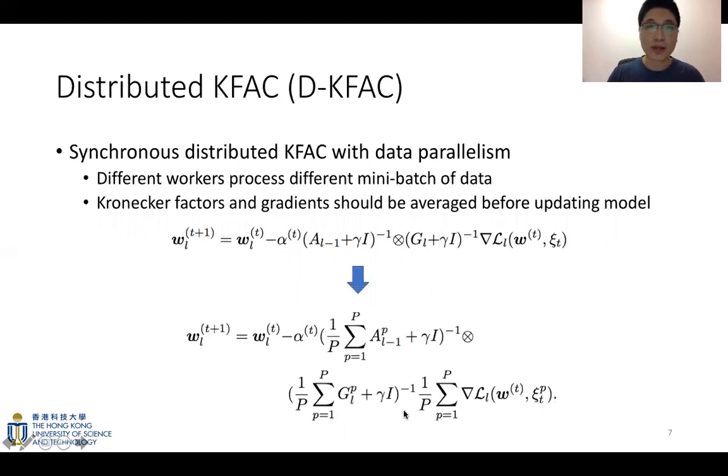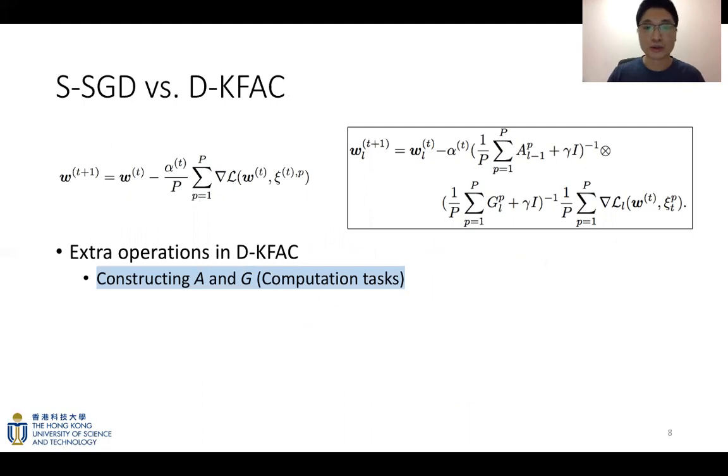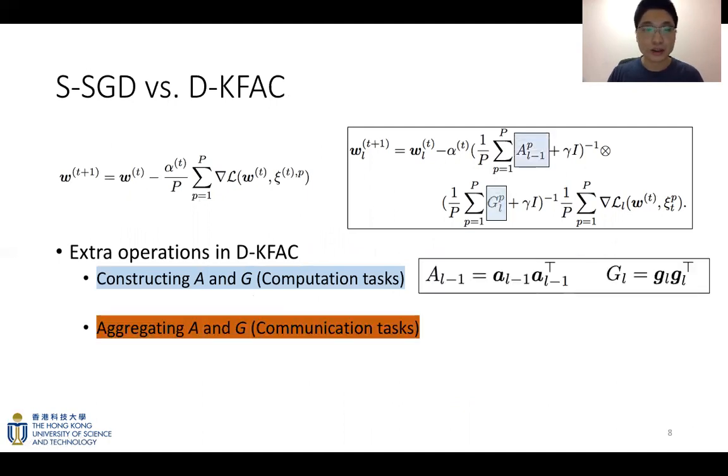So we can compare distributed training using the first-order method and the second-order method in detail. Distributed K-FAC has three main differences from SSGD. Firstly, it needs to construct the Kronecker factors A and G, which are computation tasks. Secondly, it needs to aggregate the results of the Kronecker factors A and G from multiple workers, which are communication costs.